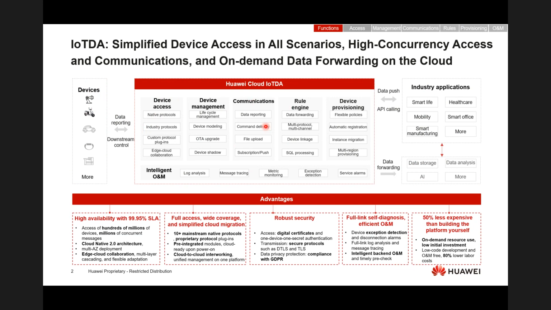Then IoTDA can transfer the data to users' applications, maybe a mobile phone app, maybe a website, and also forward the data to other services on Huawei Cloud, like OBS, MySQL, big data, AI, things like that.